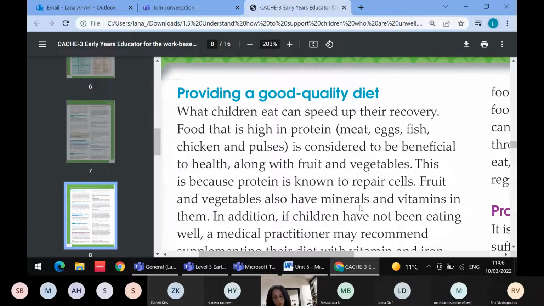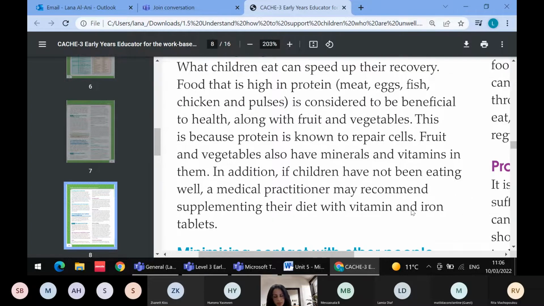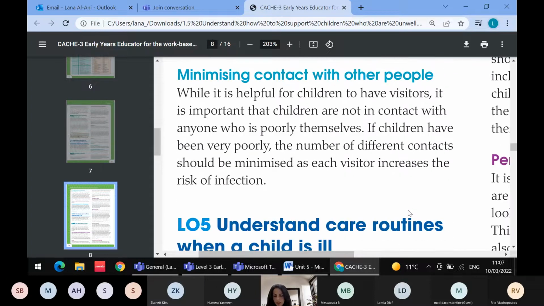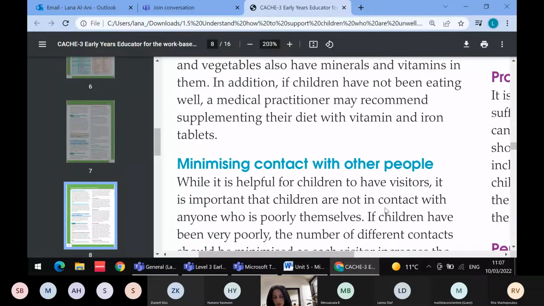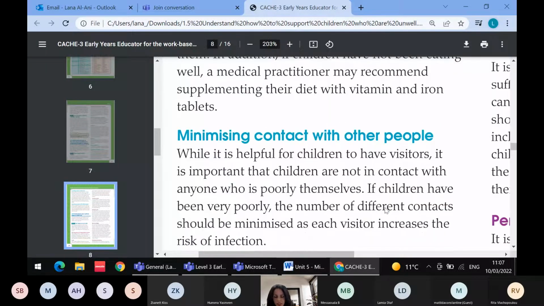Protein is very important to repair the cells, and fruit and vegetables will give them minerals and vitamins, which will help them a lot to recover. How about iron? If they might not get iron from food, we give them tablets or maybe a drink to make sure they are healthy enough.